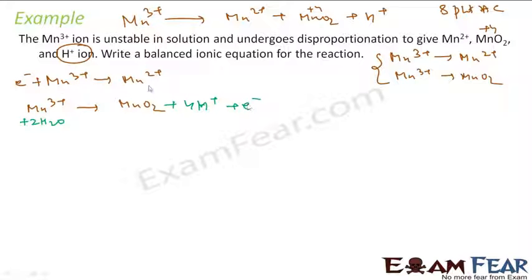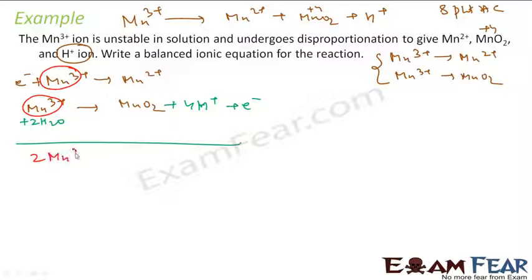Now if you see, this has 1 electron, this has 1 electron. If you just add these two equations, you should get the balanced equation. There are 2 Mn3+ here, this and this, you add, you get 2 Mn3+, electron cancel, plus 2 water gives you Mn2+, MnO2 plus 4H+.